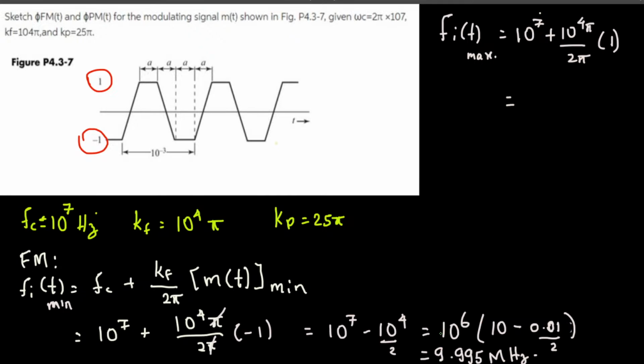After we simplify, we are going to end up with 10 to the power of 6 times 10 plus 0.01 divided by 2, that is 0.005, and this is going to be plus because we are multiplying by +1. Here it's negative because we multiplied by -1. Okay, so from this one we will get 10 plus this, so that's going to be 10.005 megahertz. Okay, that's the maximum frequency.